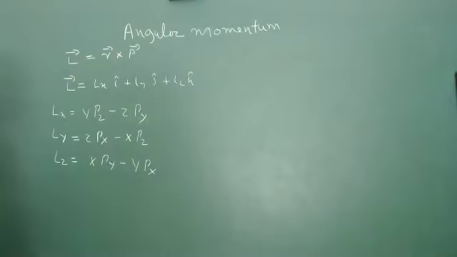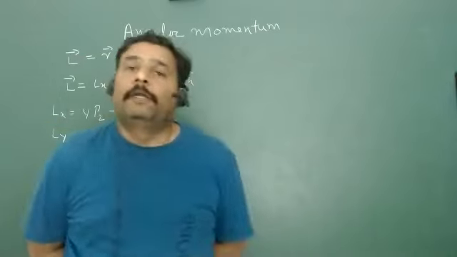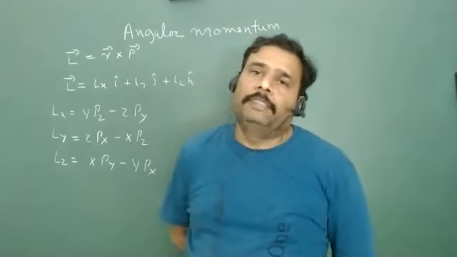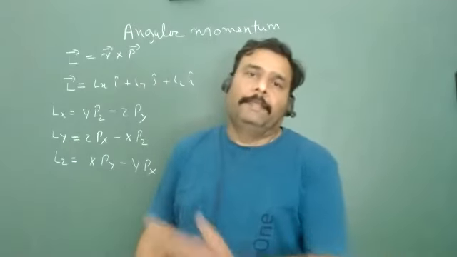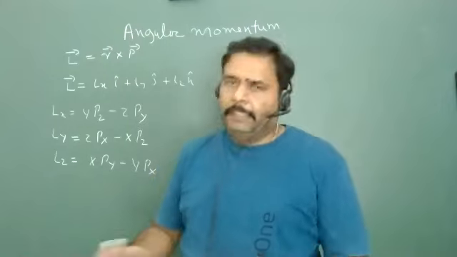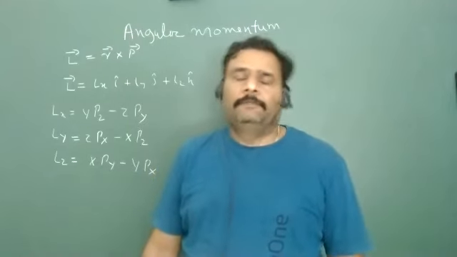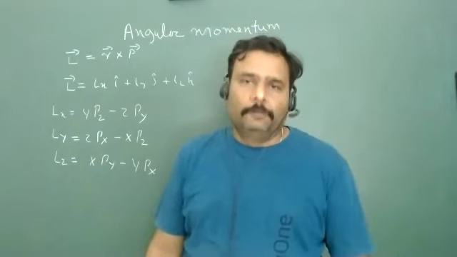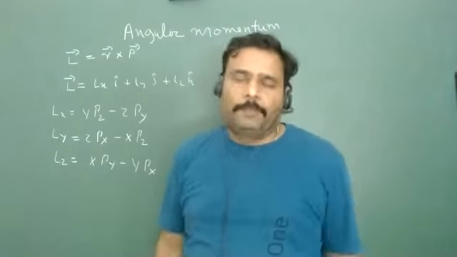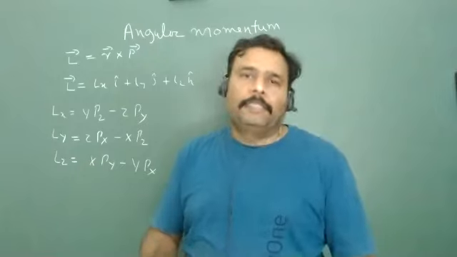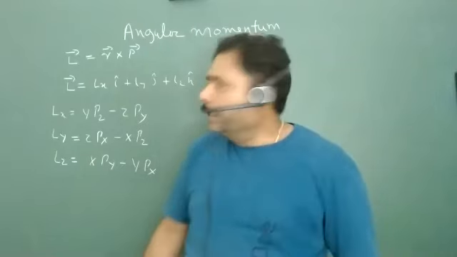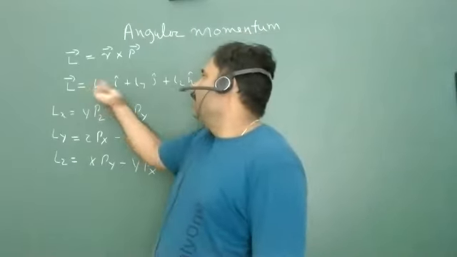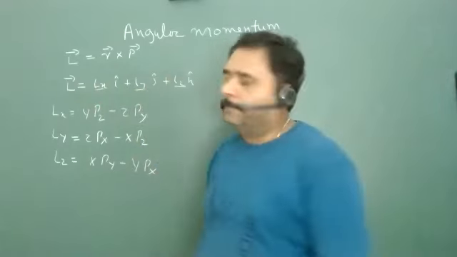But we have to learn this for quantum mechanics, and up to this we have only one dimension. Even in two and three dimensions we are very sure that x and y commute, so there is no problem getting simultaneous eigenvalues. Here we have three components Lx, Ly, Lz.